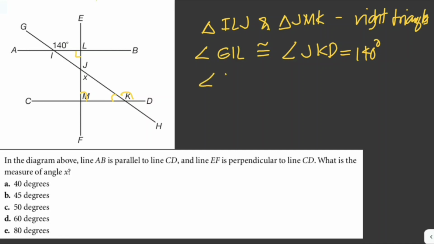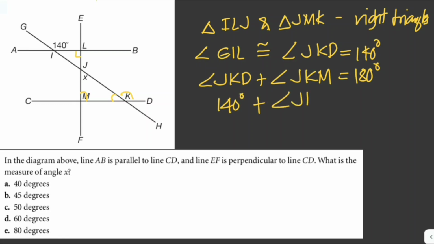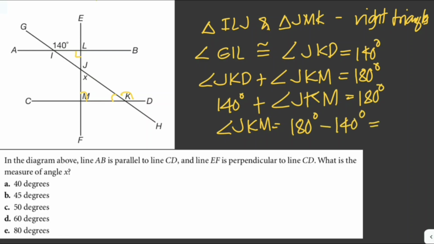So angle JKD plus angle JKM is equal to 180 degrees. We're already given the value of JKD, which is 140 degrees, so we can solve for angle JKM. Angle JKM is equal to 180 degrees minus 140 degrees, which is equal to 40 degrees.